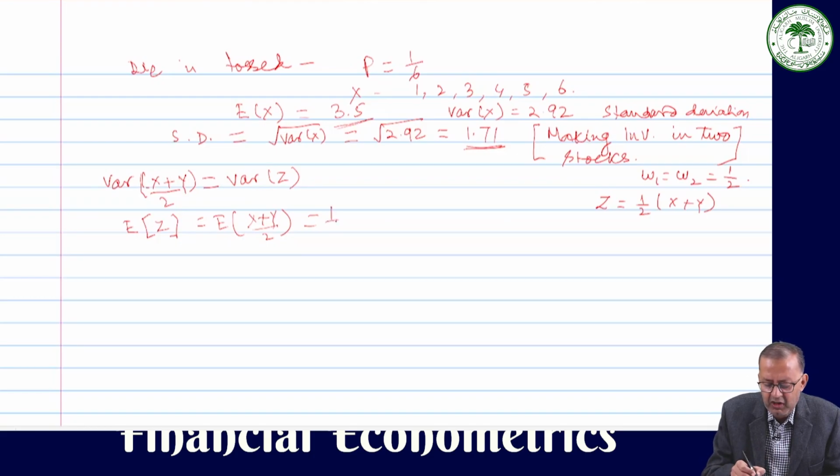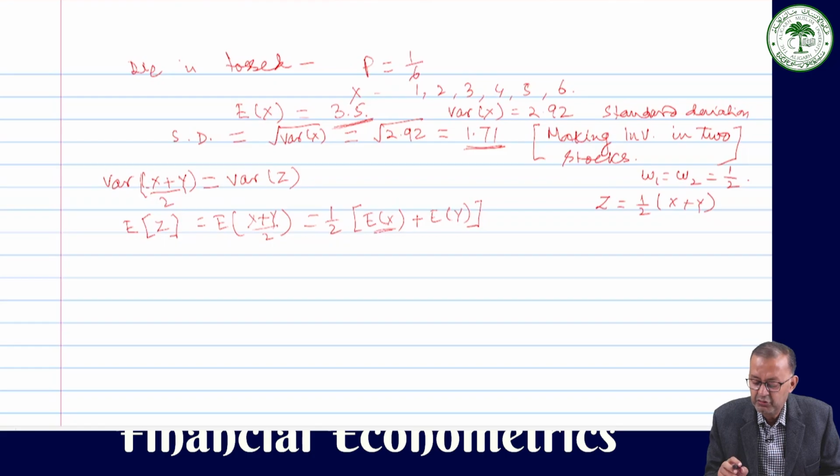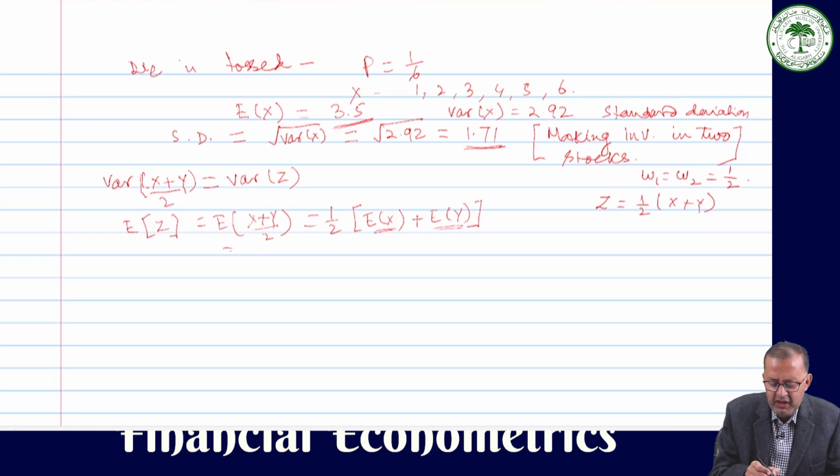So this is equal to 1 by 2 times the expected value of x plus the expected value of y. The mean value of the die we have already calculated is 3.5, and for the other die the average value will also be 3.5. So this will be 1 by 2 into 3.5 plus 3.5, which is equal to 3.5.